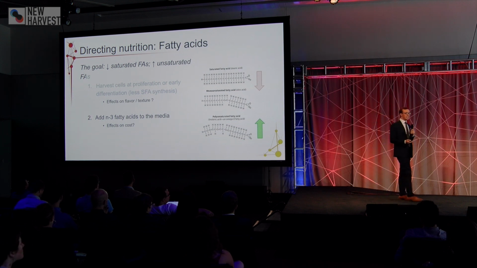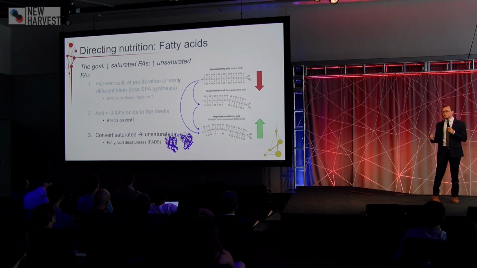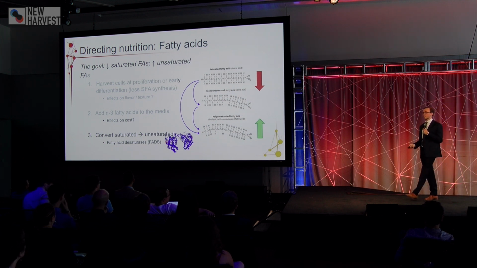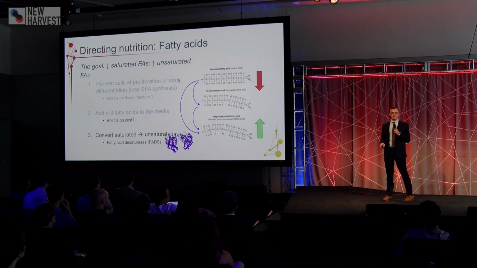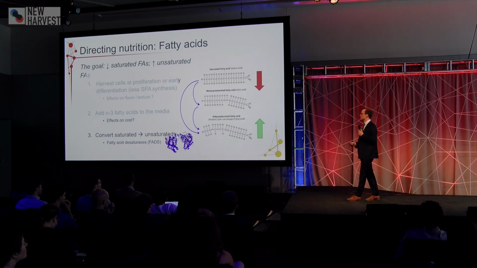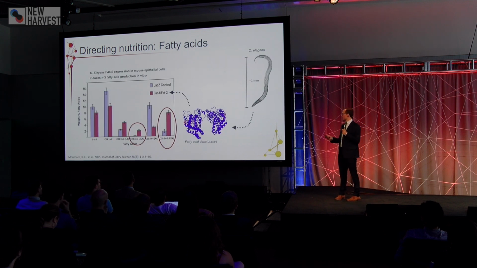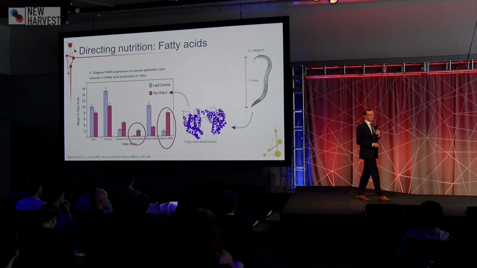And then finally, we can think about internally converting saturated fatty acids into unsaturated omega-3 fatty acids within our cells. Now, the enzymes that do this for omega-3s don't naturally occur in mammalian cells. So the question becomes one of genetically engineering our cells using enzymes from an organism that can produce these omega-3s.